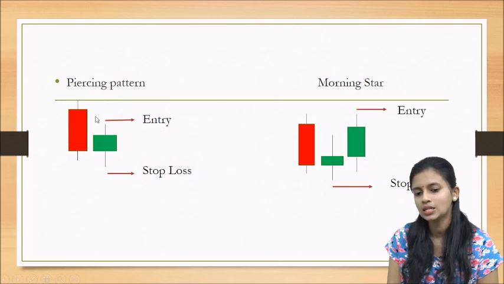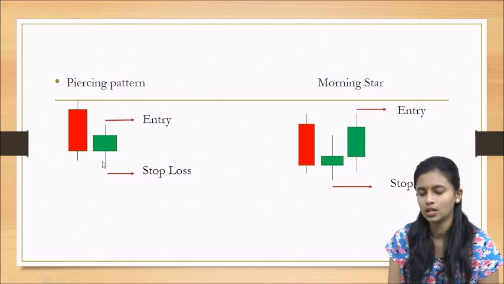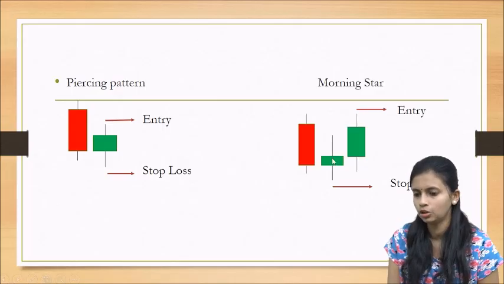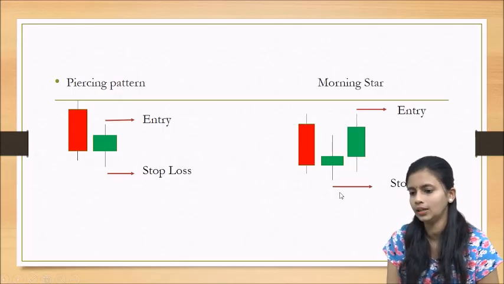Now here what you are doing is you are not waiting for the third candle to form. Your entry will be directly at the second candle. An improvisation of this pattern is the morning star. Since a small doji is formed here, you just don't want to take the risk. You will wait for another green candle to form.